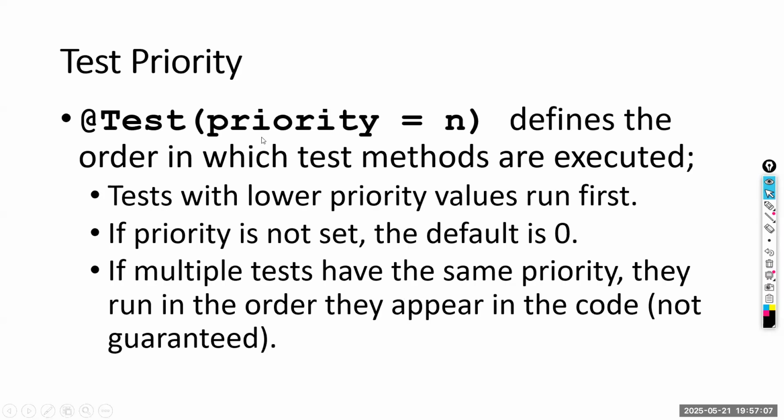So if you don't specify the priority, of course, so far we have not specified priority, by default it will be zero priority. But you can set the priority as priority 1, priority 2, priority 3. Higher the priority number, the later it runs. Okay. And again, if you have the same priority more than once, the top one will be executed first. Say priority 2 is in 2 places, the top priority 2 will be executed first.